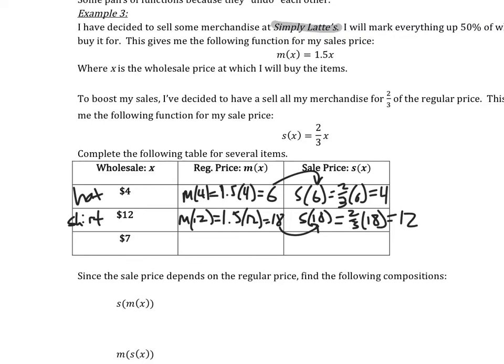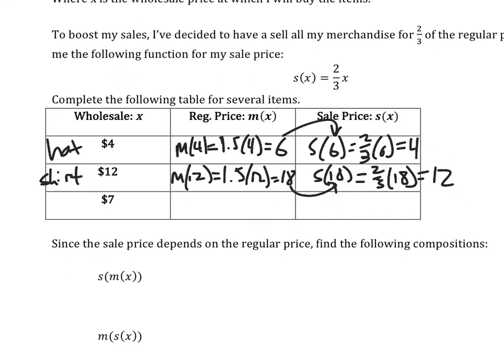Oh, interesting. Well, one more. Let's see. Maybe we have a coffee cup here, a fancy reusable coffee cup. I buy them for $7. I'm going to sell them for 1.5 times 7, and 1.5 of 7 is 10.5.